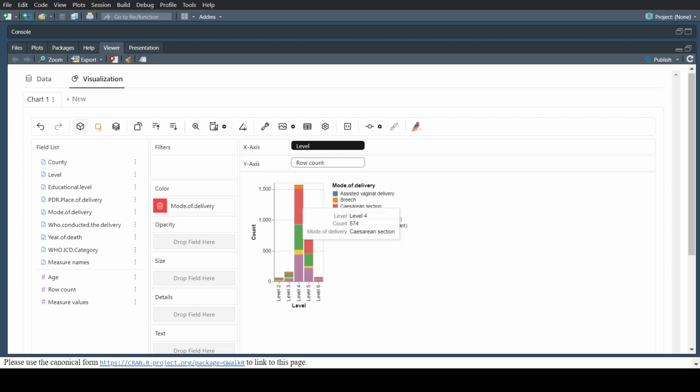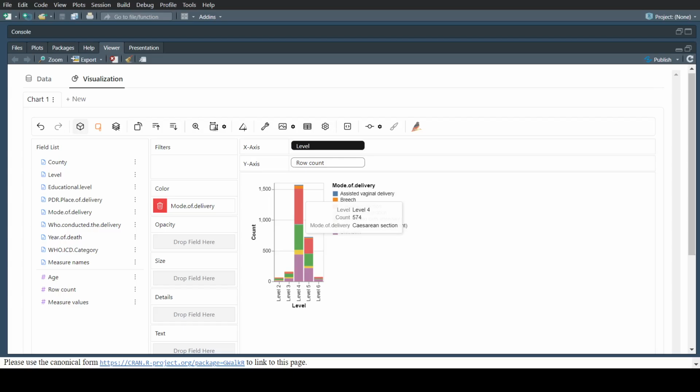So we see cesarean section and normal delivery are the most common modes of delivery in level 4 and level 5 hospitals or health facilities. Level 4 had the most maternal deaths.